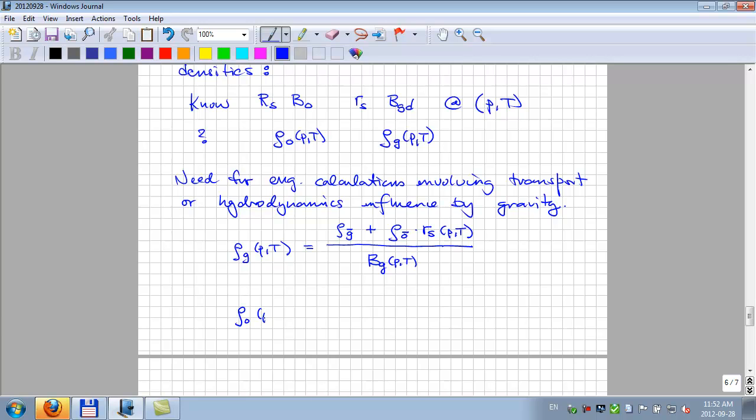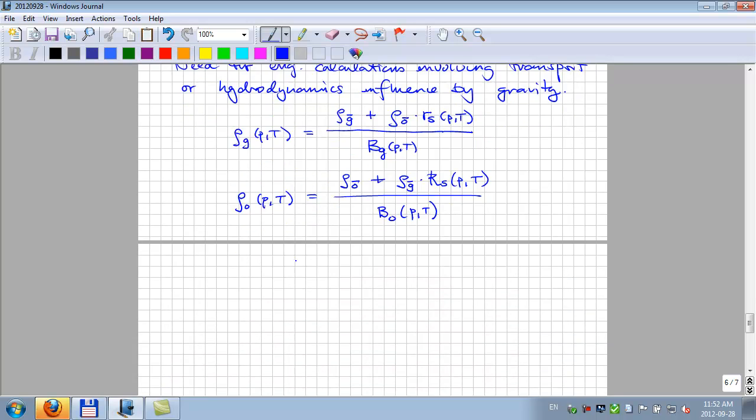The oil density equation is surface oil density plus surface gas density times solution gas oil ratio, that's a function of pressure and temperature, divided by oil formation volume factor at pressure and temperature. So these are the 2 equations.